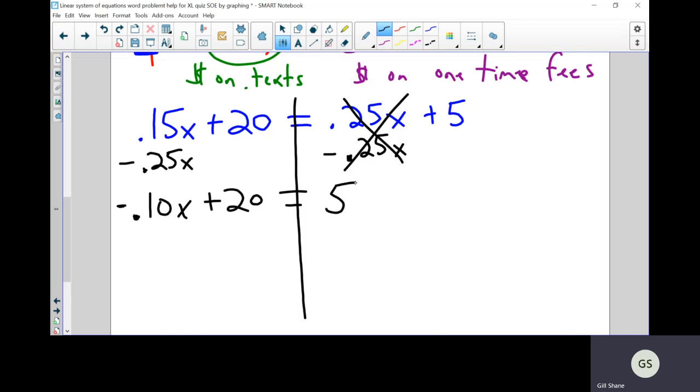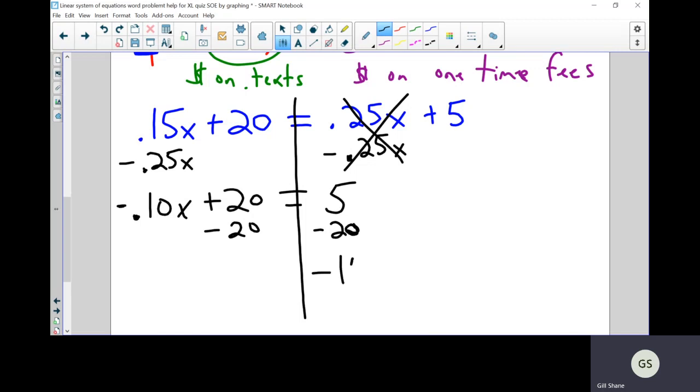So if I'm moving the variables to the left, then I need to move the numbers, anything that doesn't have a variable, to the right. So that means I need to subtract 20 on the left and then subtract it on the right also.